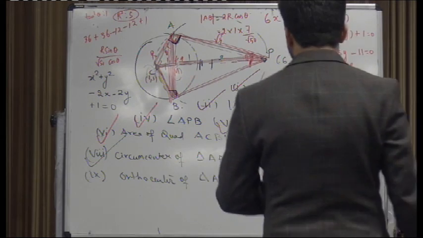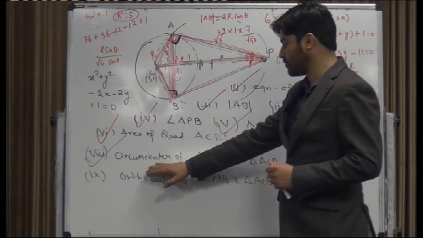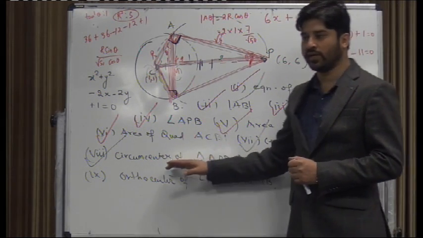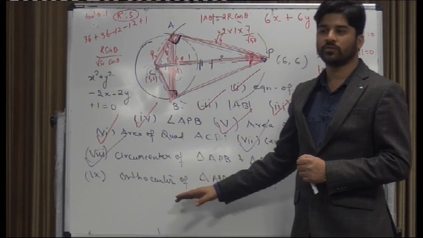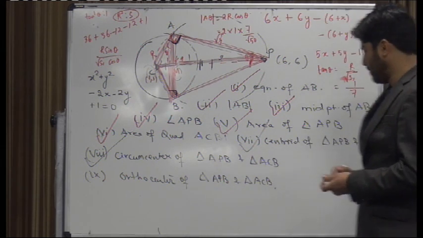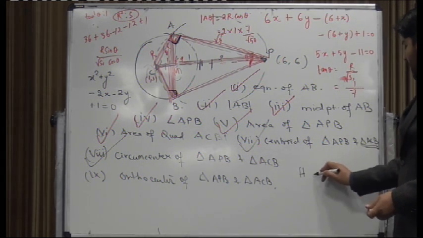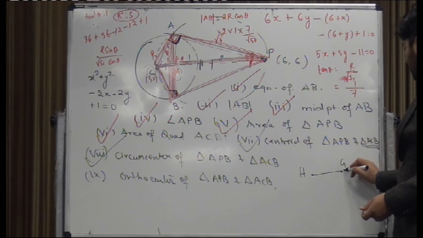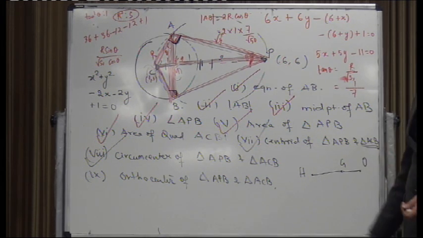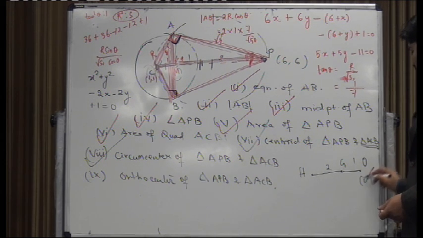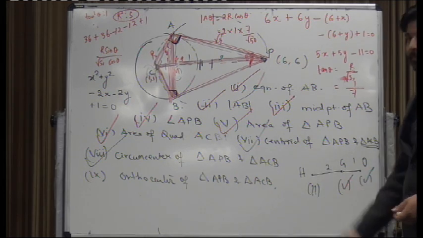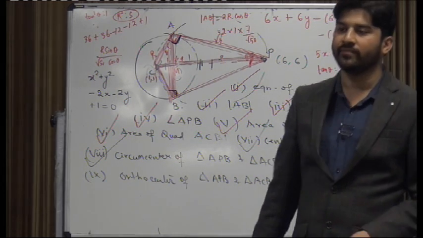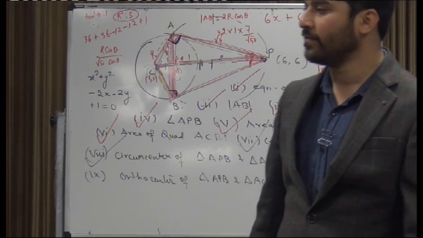Mr. Euler will tell us that, okay, fellows, we already have the centroid and we already have the circumcenter, so using the concept of Euler's line, we know that if this is H and this is G and this is the circumcenter, then this becomes 2:1. I have already found this one. I have already found this one. I just need to find this one. Using the section formula, I can find it. Clear? Yes, sir. Good.